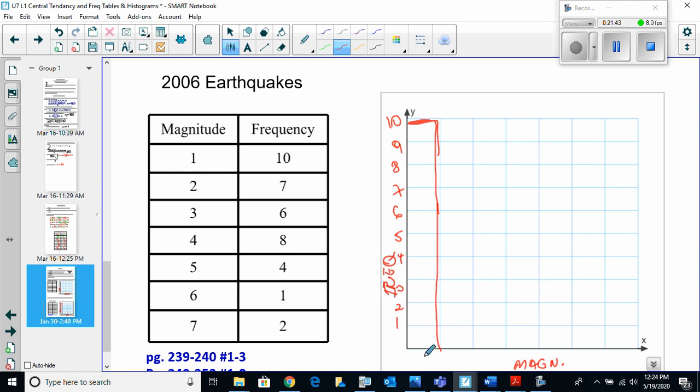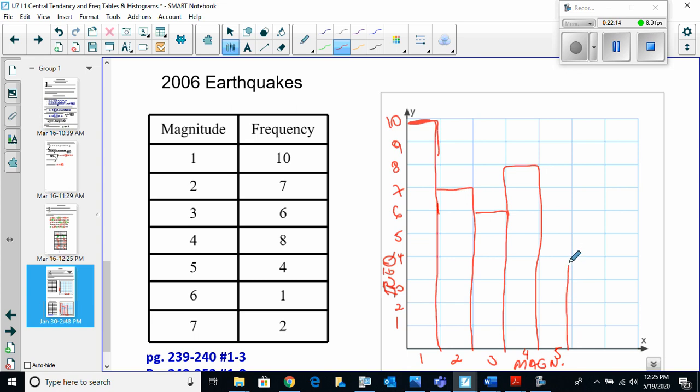Magnitude 2, we have 7. So we will go up to 7. Magnitude 3, we have 6. So we will go up to 6. Magnitude 4, we have 8. So we will go up to 8. Magnitude 5, we have 4.